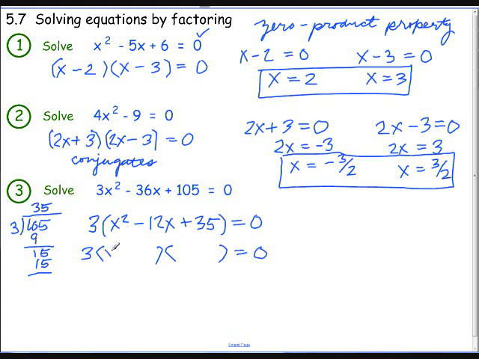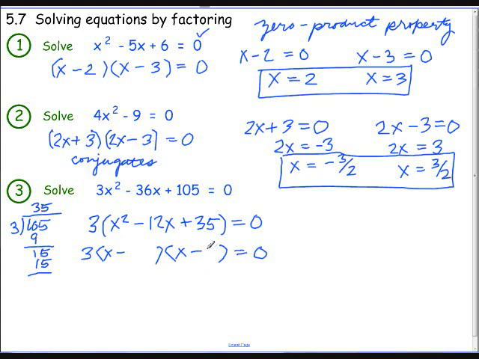I know it's going to be x and x. I also know this has got to be minus and minus. How do I know that? This is negative and this is positive. The only way this can be positive is if both of these binomials have the same sign in the center.